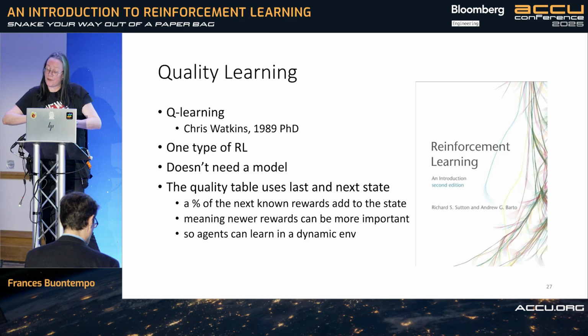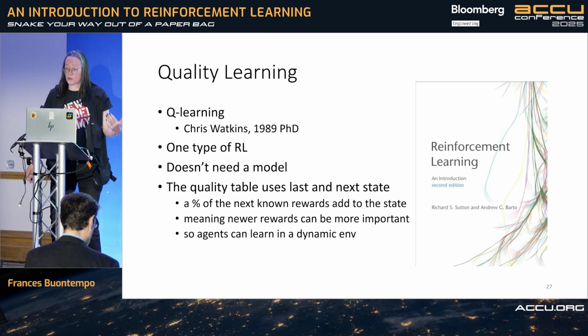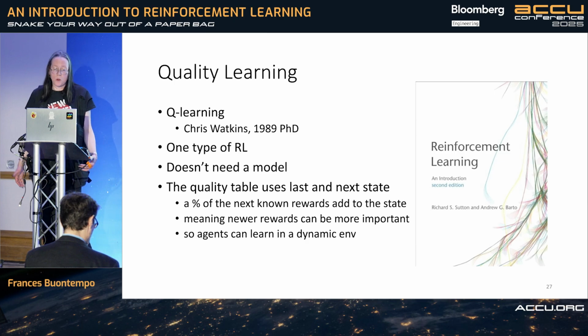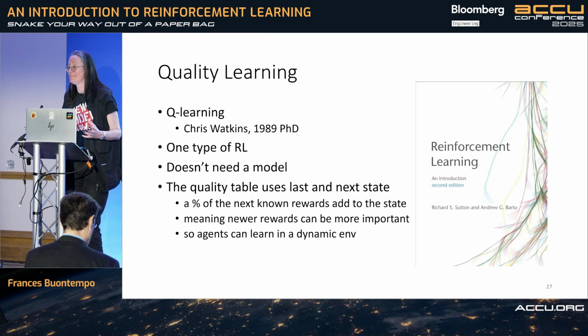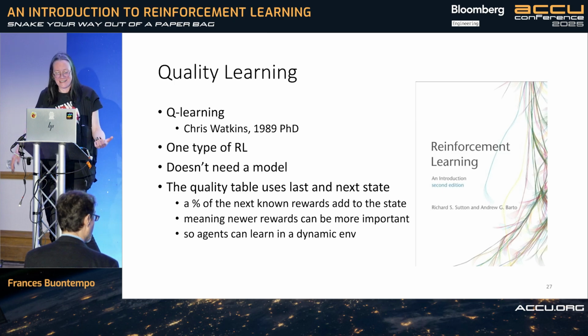And it's a type of reinforcement learning called Q learning, which dates back to 1989, which is based on some maths from the 50s. So many things in AI are based on things that are happening in the 50s at the beginning of computing. It's just, nothing changes really. We just keep relearning stuff.